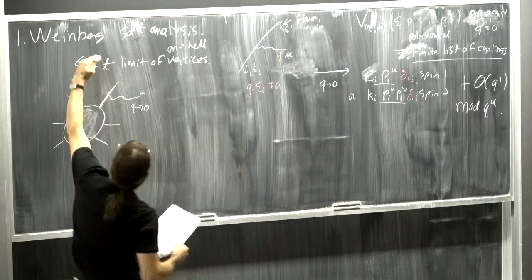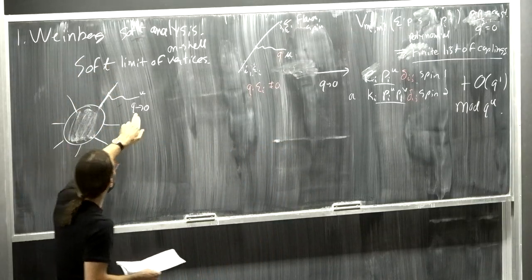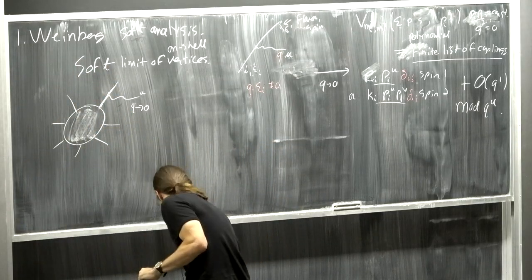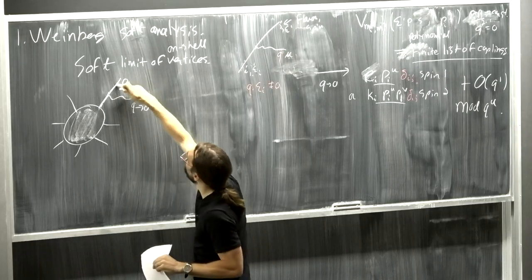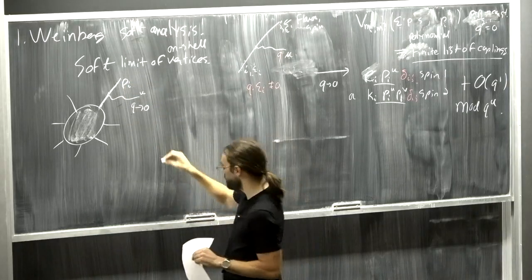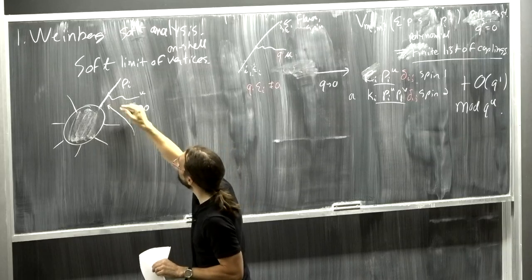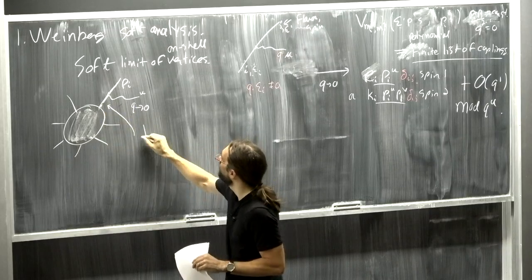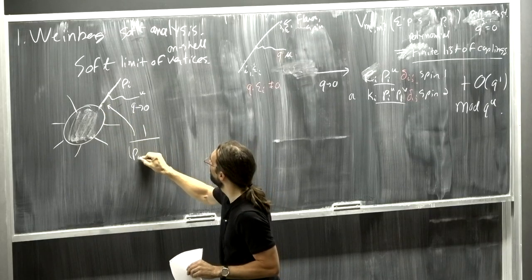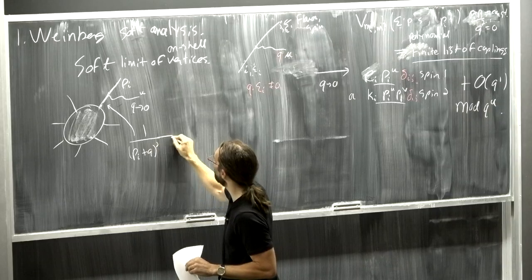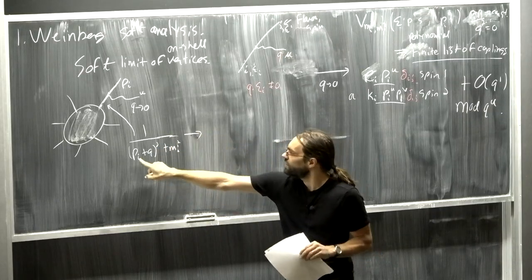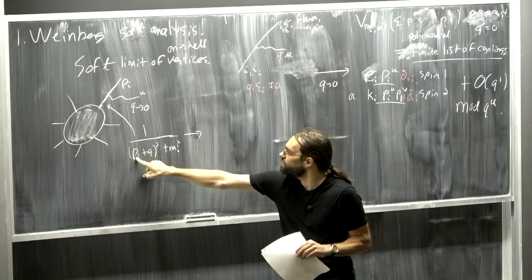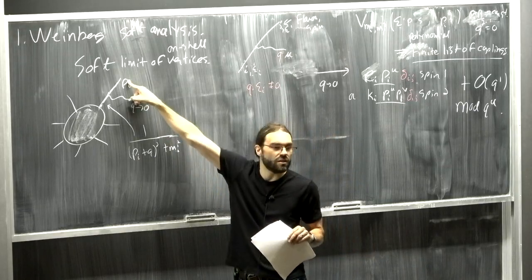That's the starting point of this Weinberg analysis. Suppose this particle here has momentum p_i. The important thing in this analysis is that this propagator will have a 1 over (p_i plus q) squared plus m_i squared. But as you take q to 0, the term with p squared plus m squared cancels because this guy is on the mass shell.